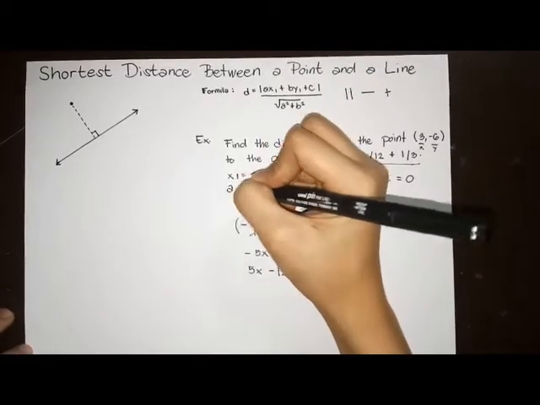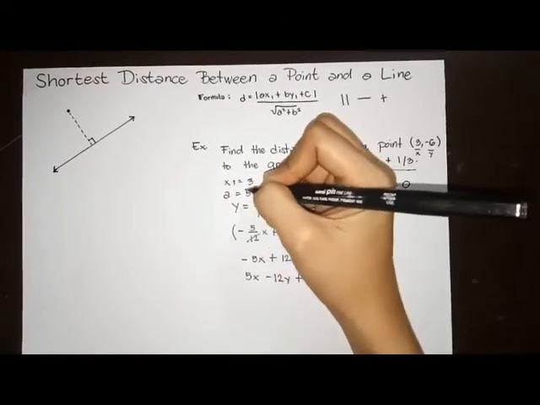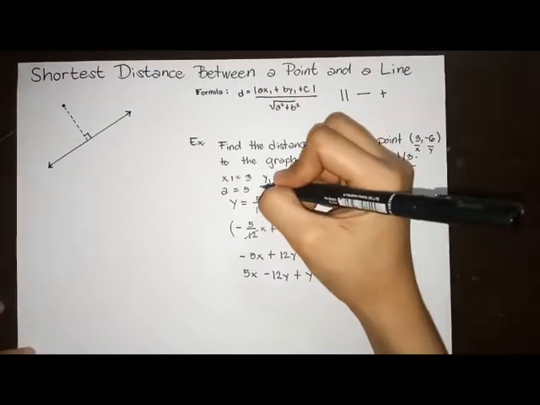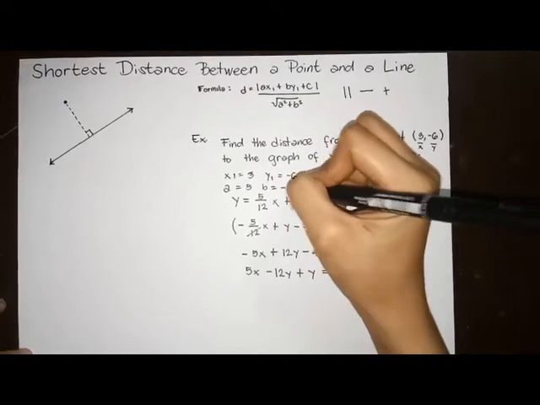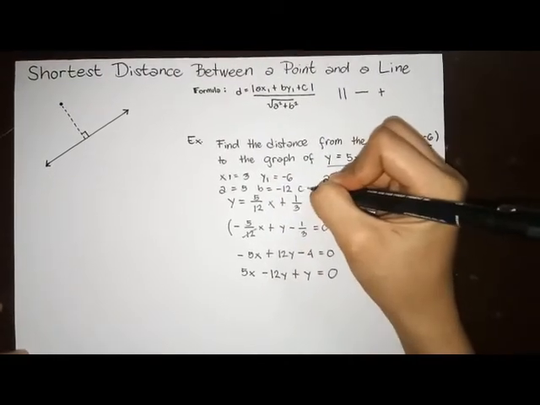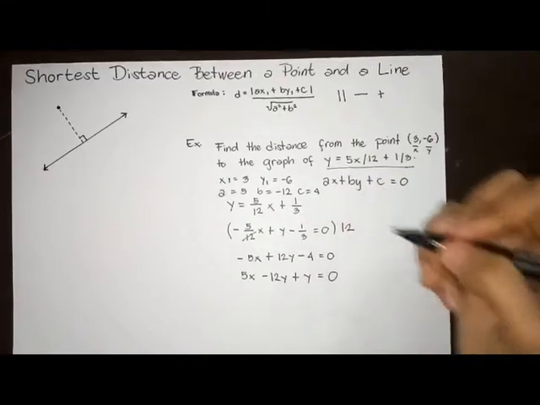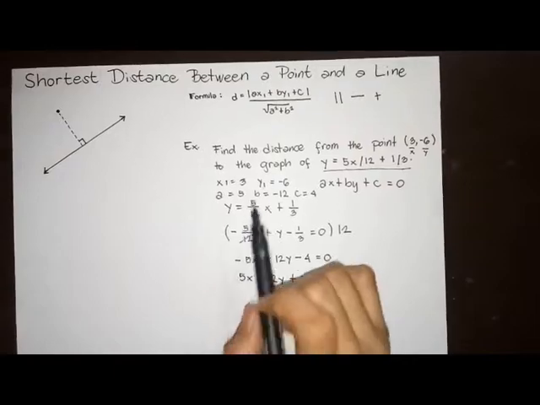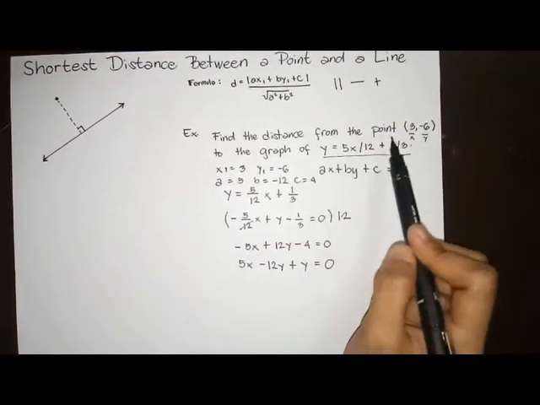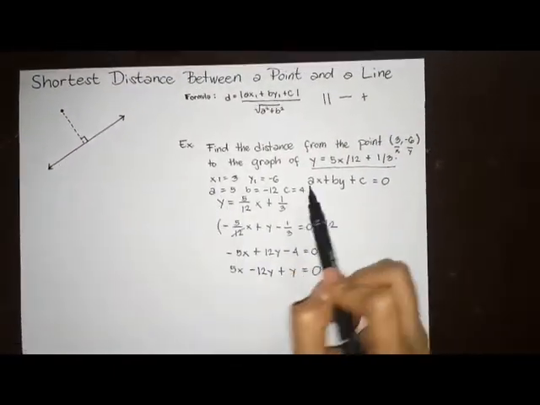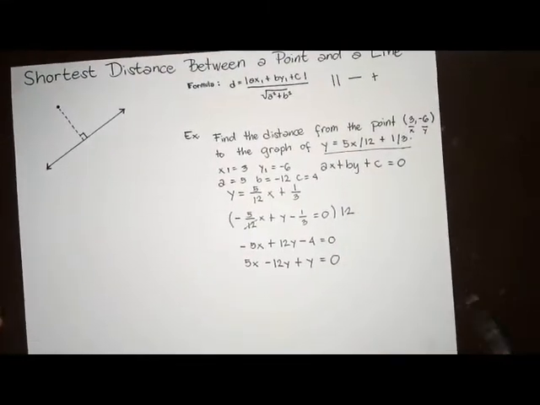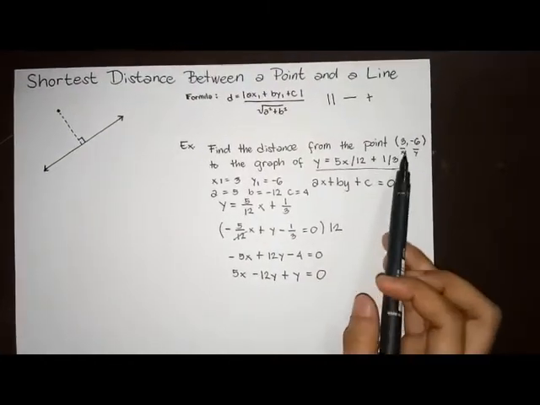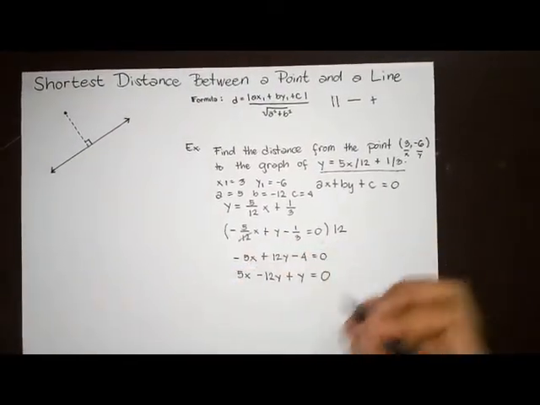So our a is 5 and our b is negative 12, and c is equal to 4. Since we already have the values of a, b, and c, let's get the distance between the point (3, negative 6) and the line.